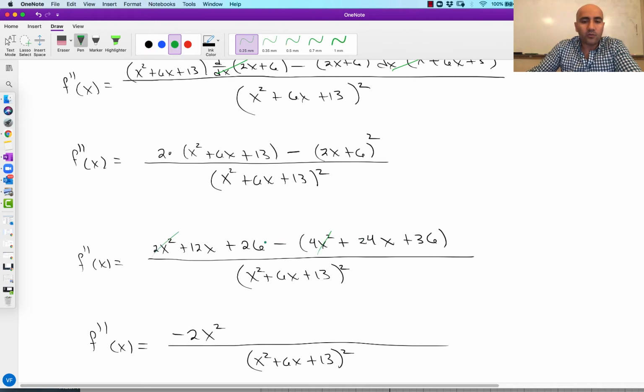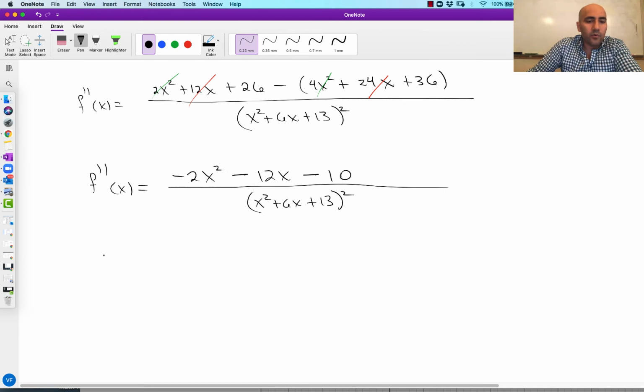And then 12x minus 24x is going to get you to minus 12x. That takes care of this term and this term. And then we get a minus 36, so positive 26 minus 36 gives you minus 10. So minus 10. So we can factor out a 2 out of here.